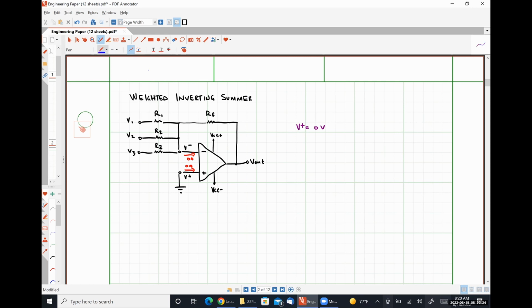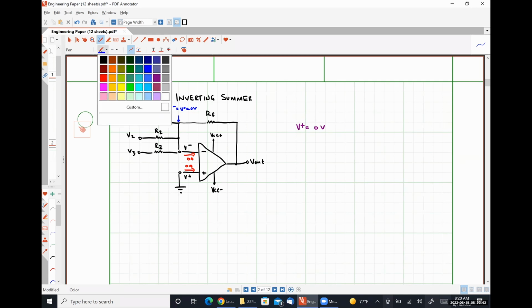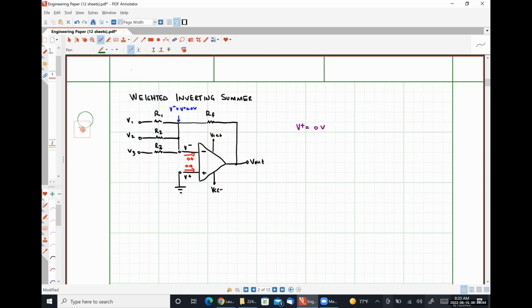Next, we apply op-amp rule number 2, which tells us that V minus must be exactly equal to V plus, and therefore we have a voltage of 0 volts at our inverting input node. And then we're going to apply Kirchhoff's current law. So I'm going to add this current plus this current plus this current plus this current together and set them equal to 0.